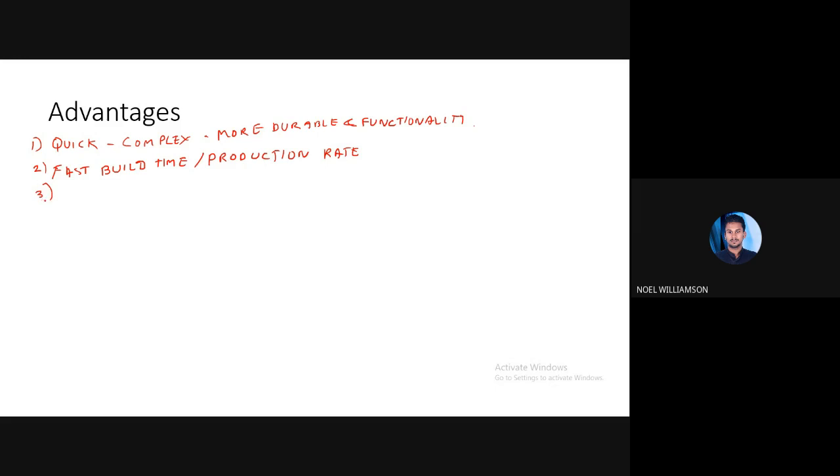Third one, a variety of materials can be processed. Through this process, selective laser sintering, you will be able to produce a variety of products. So a variety of materials can be processed.